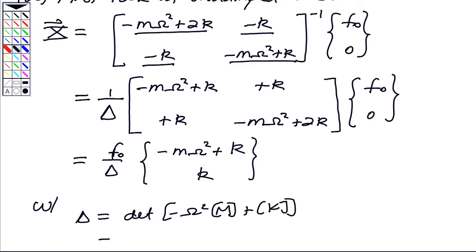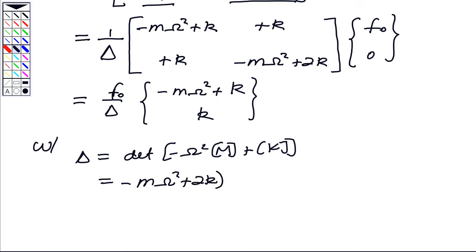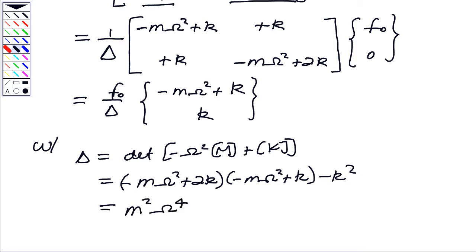And when I expand that out, I get minus m omega squared plus 2k, times minus m omega squared plus k, minus k squared. Expanding this out, it becomes m squared omega to the fourth minus 3 m k omega squared plus k squared.